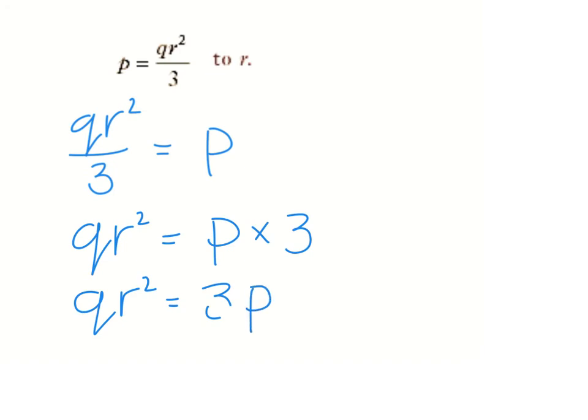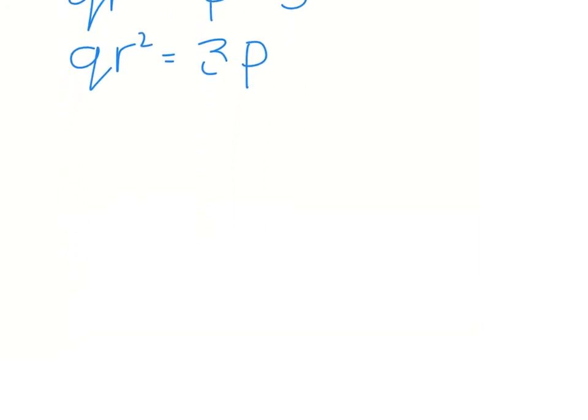Next thing we're going to try and move is our Q. It's currently multiplying the R squared, so when we take it to the other side, it will divide. So that then gives us R squared equals 3P divided by Q. So we have one more thing that we need to move onto the other side, and that's the squared.